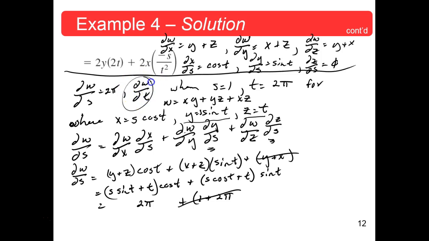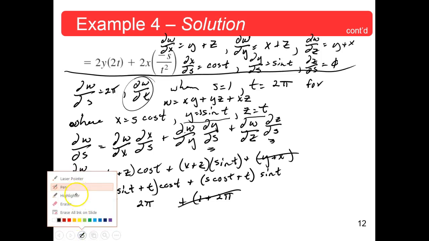Then you've got to go back and do the same thing for the partial of W with respect to T. I'm real tempted to try to do it just by erasing, so if you don't mind, let me try that.